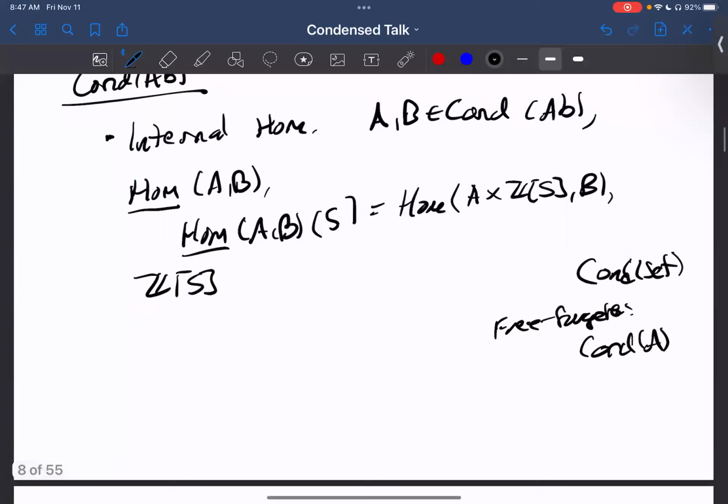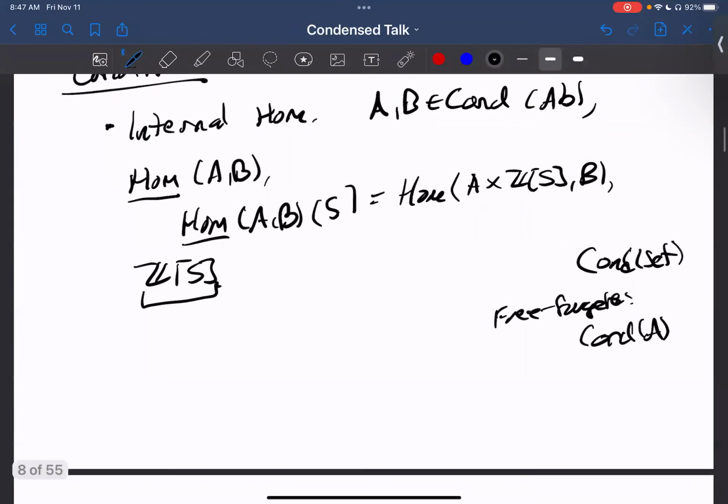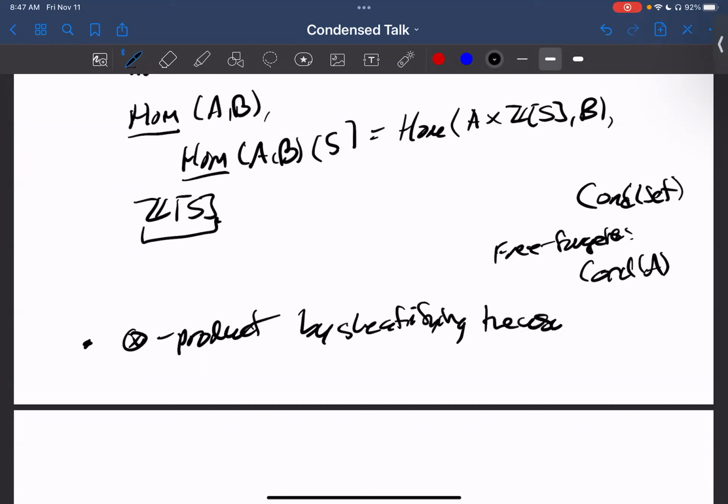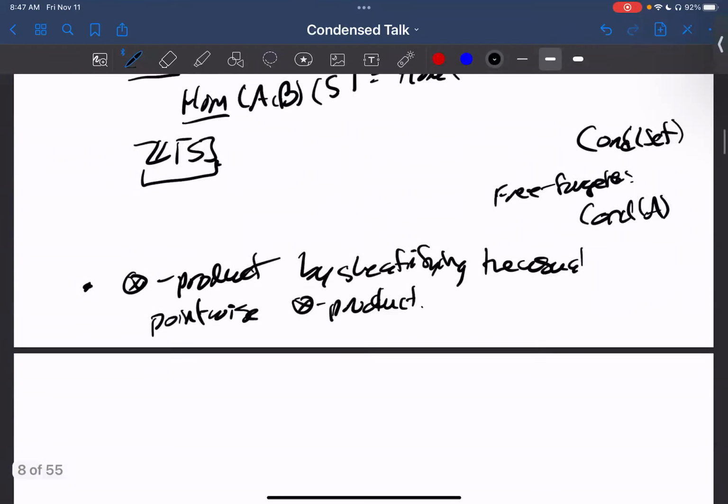And then we also have a tensor product by sheafifying the usual tensor product, or you can also get it formally as an adjoint to the internal Hom.